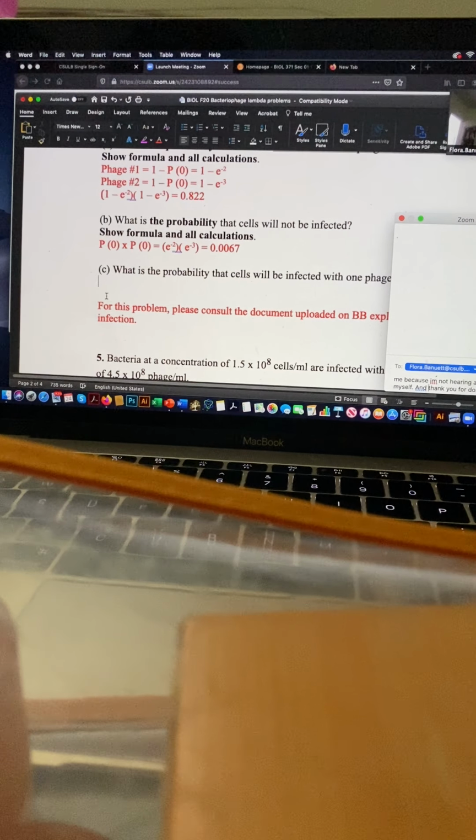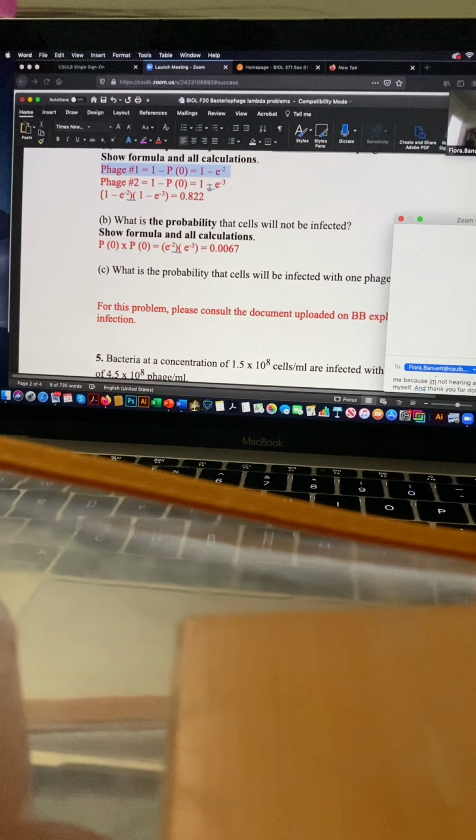So let's say phage 1, the probability of infection with phage 1 and no infection with phage 2. So no infection with this equals P of 0.